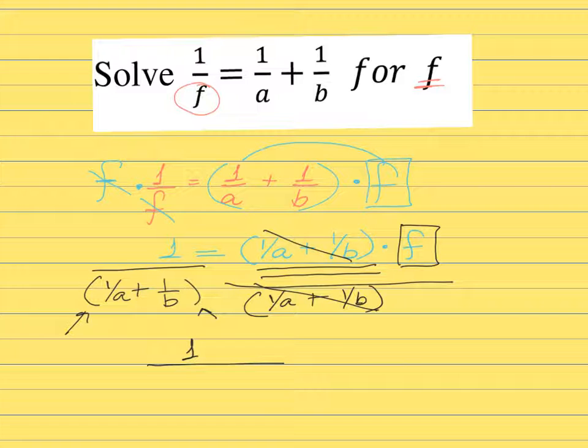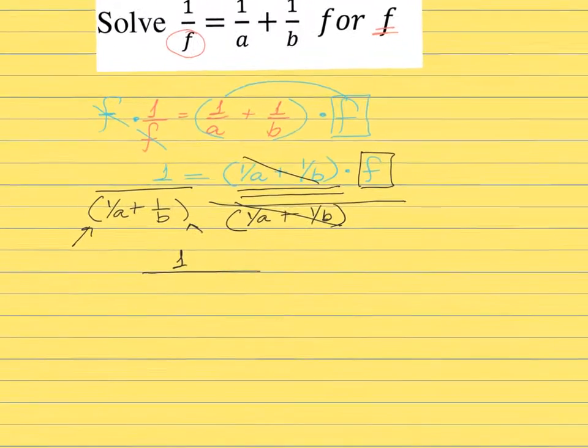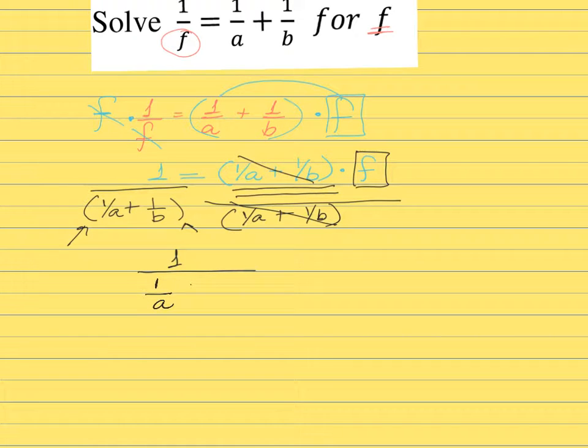So 1 over A plus 1 over B equals F. If I want to rewrite that expression to make it pretty, F is going to be equal to 1 divided by 1 over A plus 1 over B. Questions? Okay.